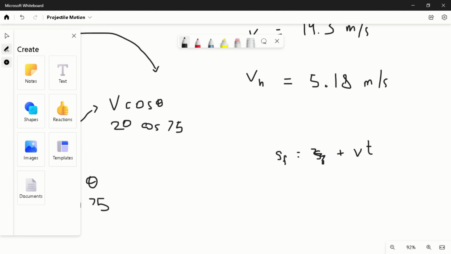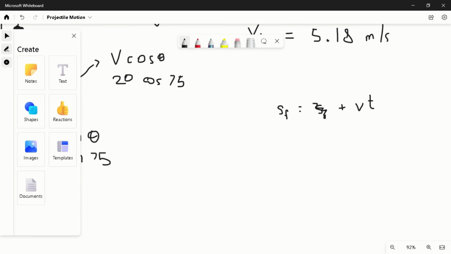It's a bit more unintuitive, but we're just here to get the equations and pull out our code, so it shouldn't matter too much. Our final displacement will be equal to our initial displacement plus velocity times time.